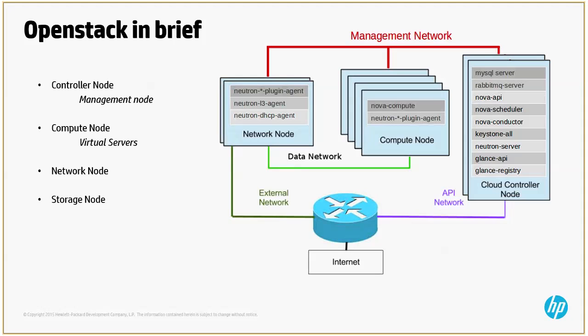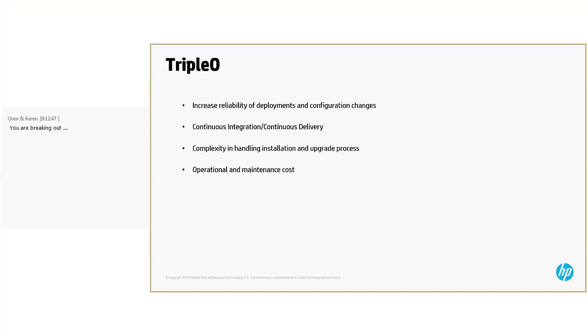Any changes to the Glance service inside each node will be taken care of by TripleO. A person has no need to check and cross-check all the IP addresses. Everything will be taken care of by TripleO. That's the increased reliability of deployments and configuration changes.